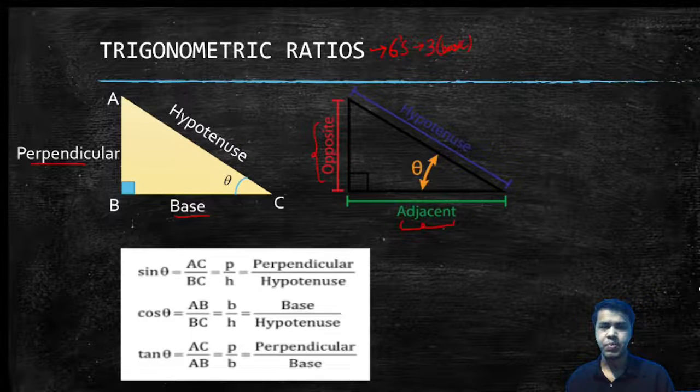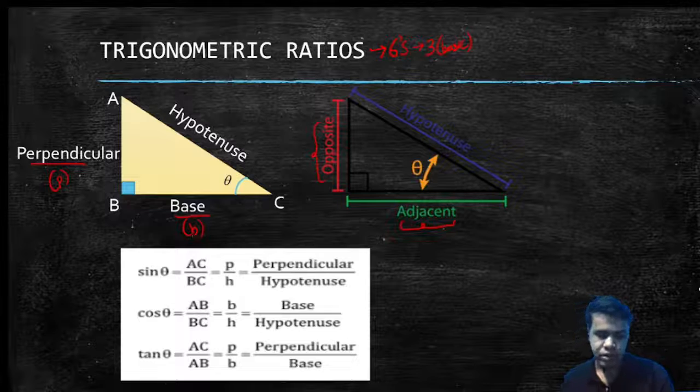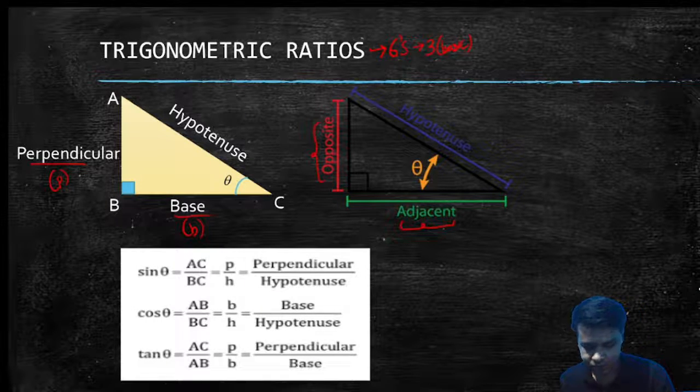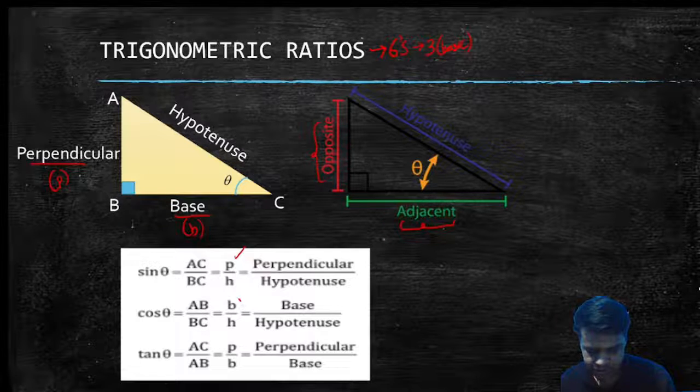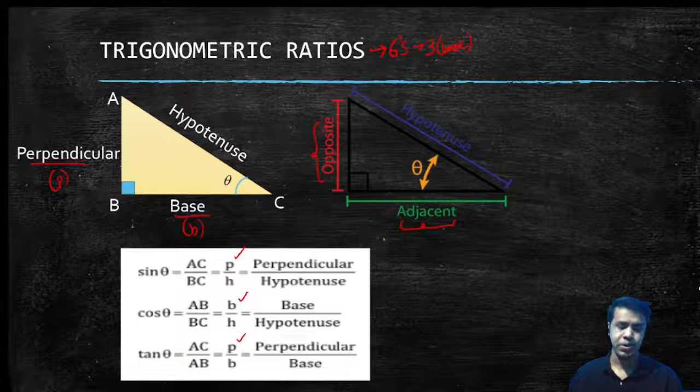We don't use the terms opposite and adjacent in our formulas. We give them the names perpendicular and base, which mean exactly the same. So these are the formulas for sine theta. As you can see, the meanings are also given. If you look at it the first time, it may be hard to remember the formula.